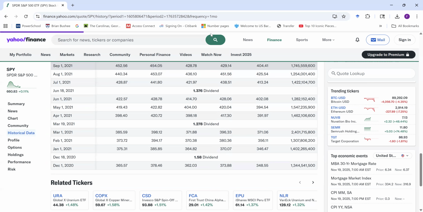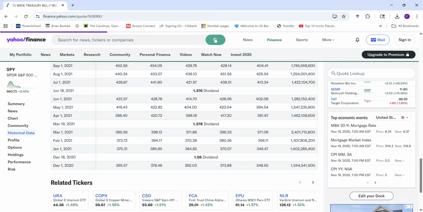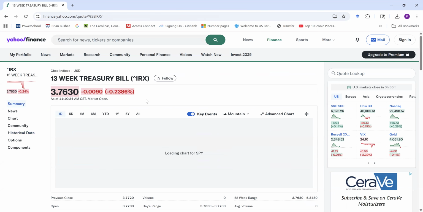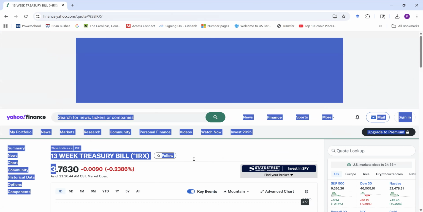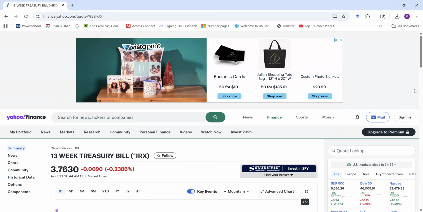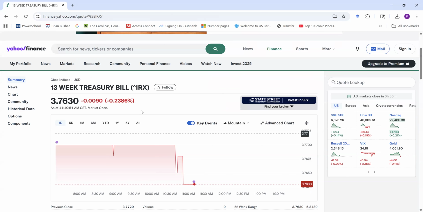So I'm going to choose it. So what I have here is not the price for the US treasury bill. This is the annual yield on this specific day for the 13-week US treasury bills.